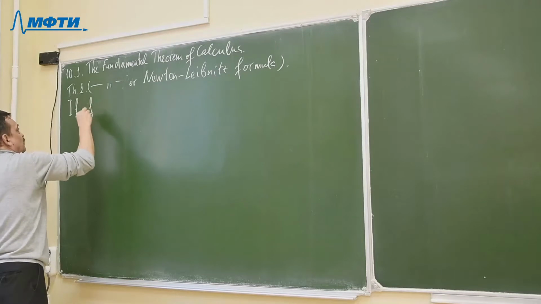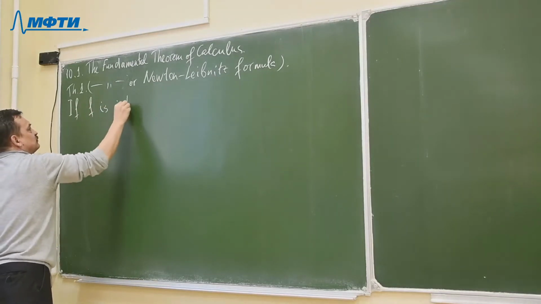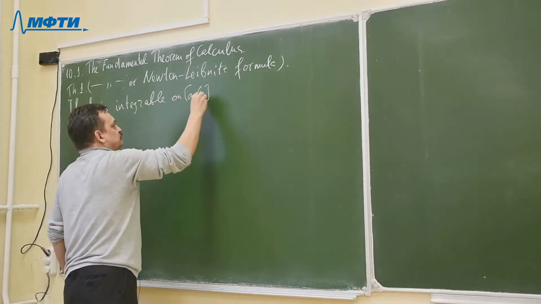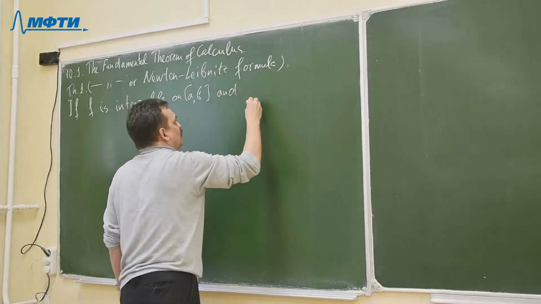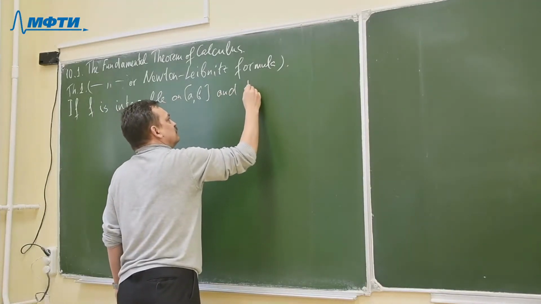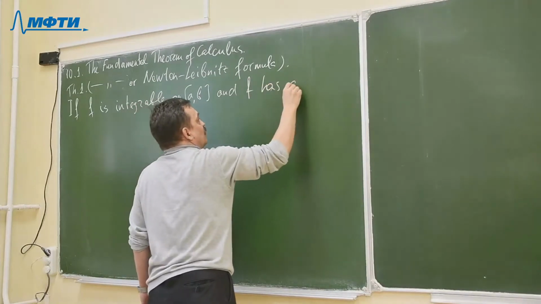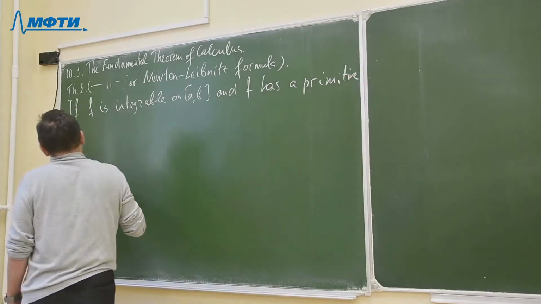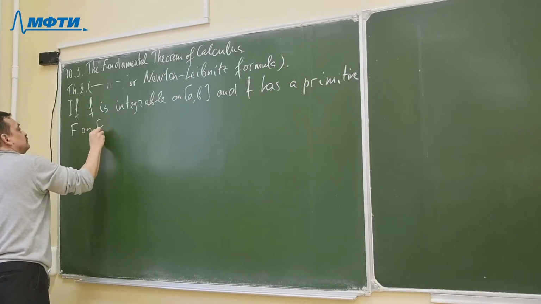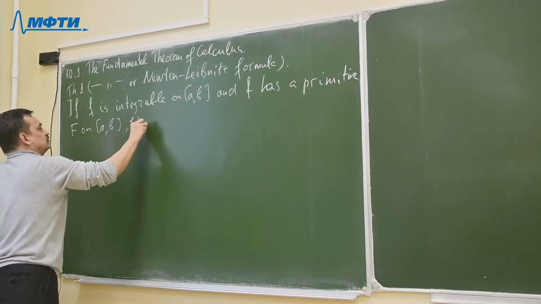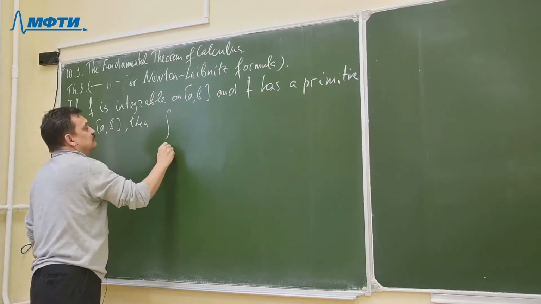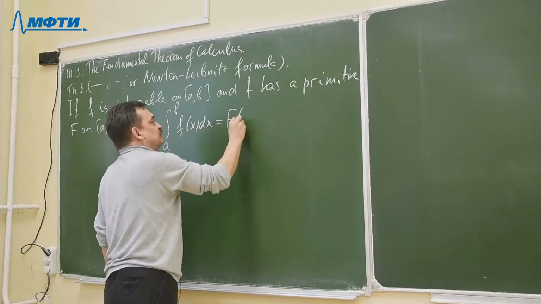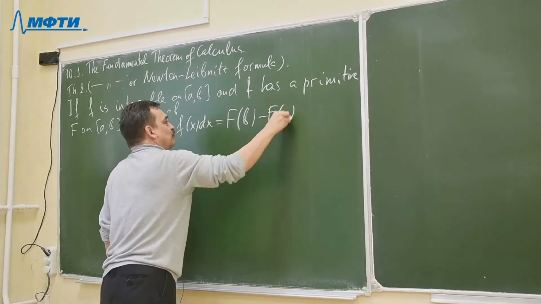If f is integrable on AB and f has a primitive, capital F on AB, then the integral of f of x dx can be computed using the following form.